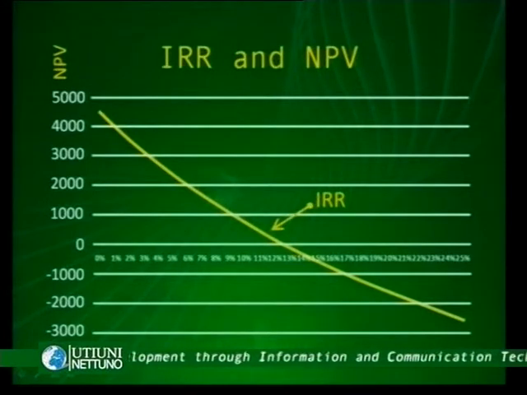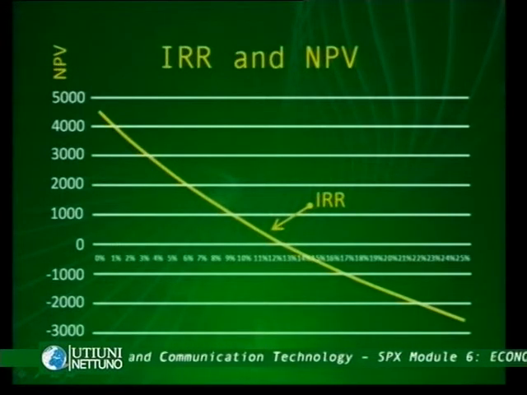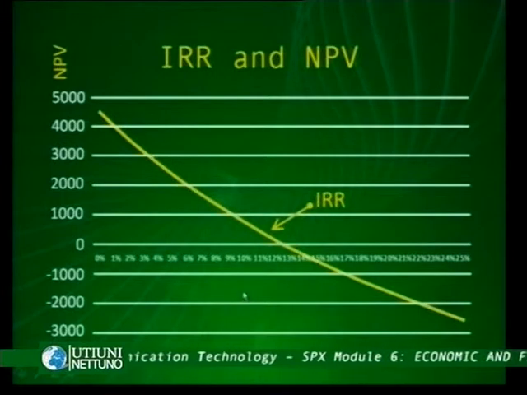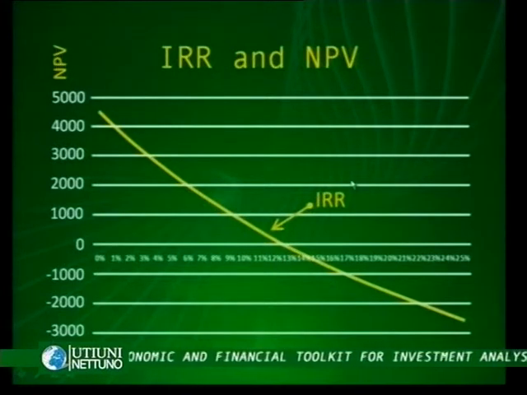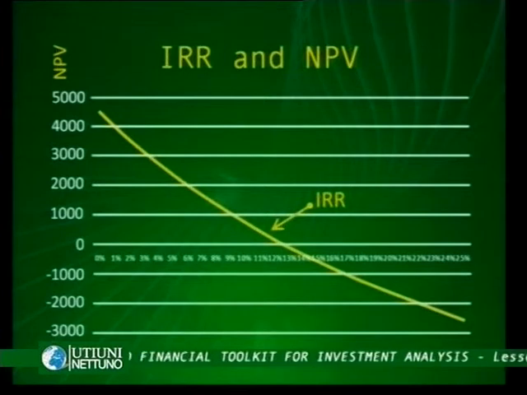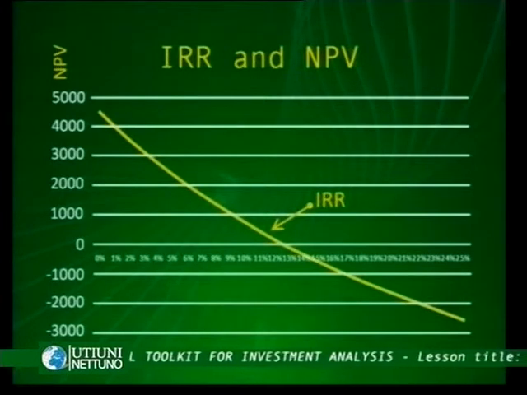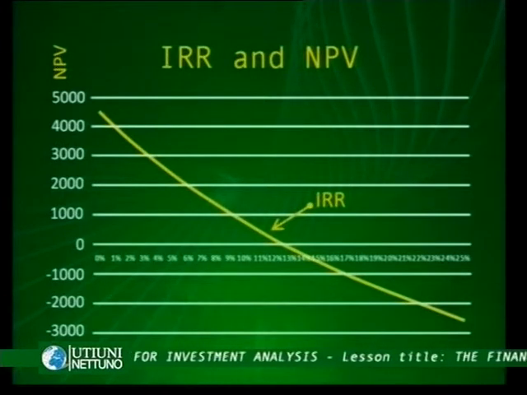So for the whole interval of the possible discount rates we consider here, the NPV will be monotonically decreasing. There will be some discount rates for which the NPV is positive and some other discount rates for which the NPV is negative. And there is a particular discount rate for which the NPV intersects the x-axis. That is exactly what we are looking for, that is the IRR. So this graphical definition is a consequence of the analytic definition that we gave in the previous formula.